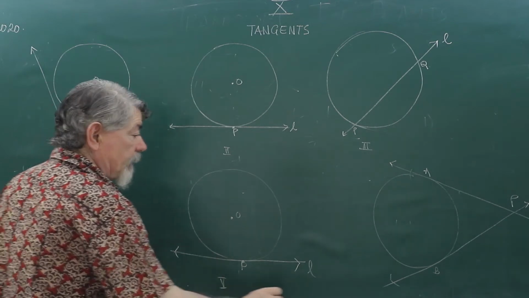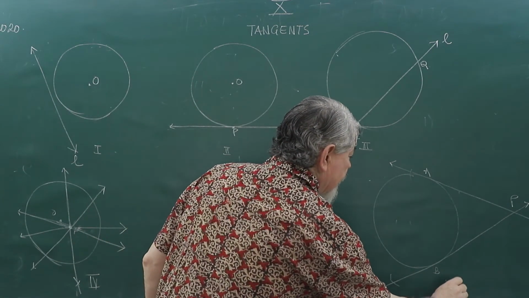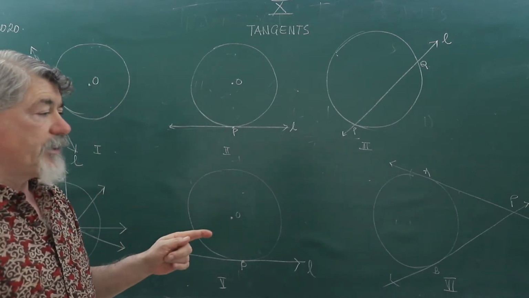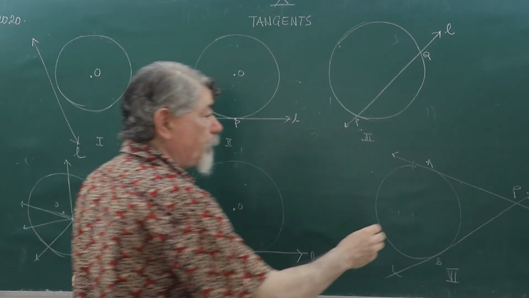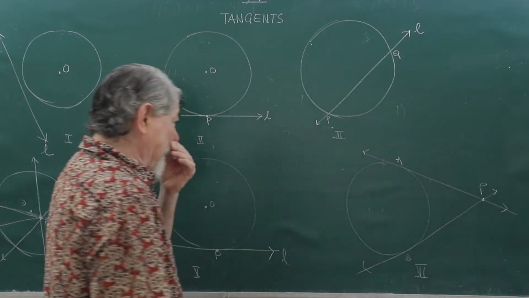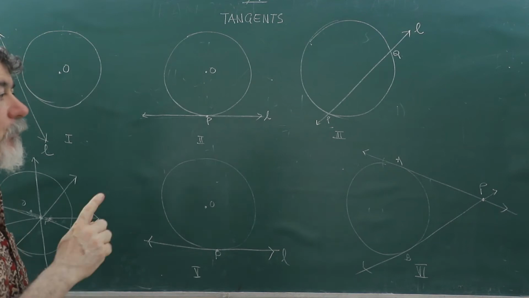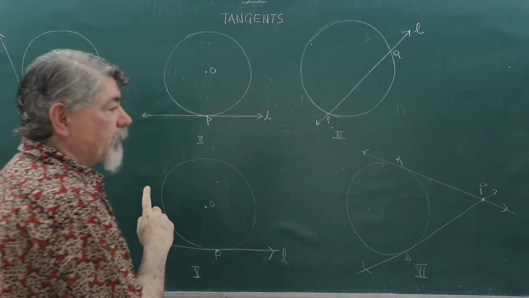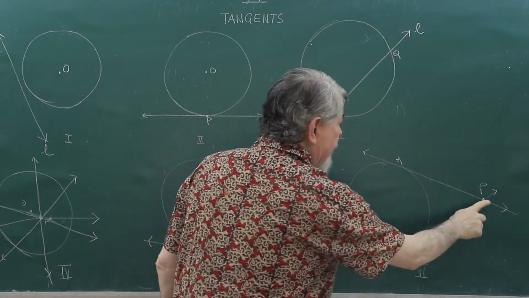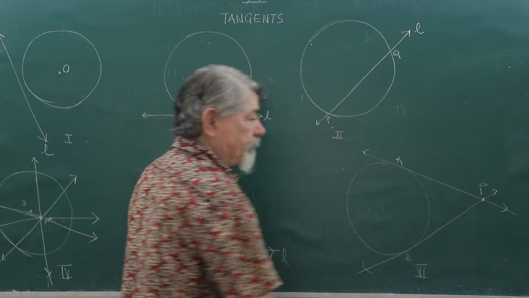This is fifth, and let's see the sixth. In the sixth figure, I have a point P outside the circle, and I can draw two tangents to the circle, two straight lines PA and PB.